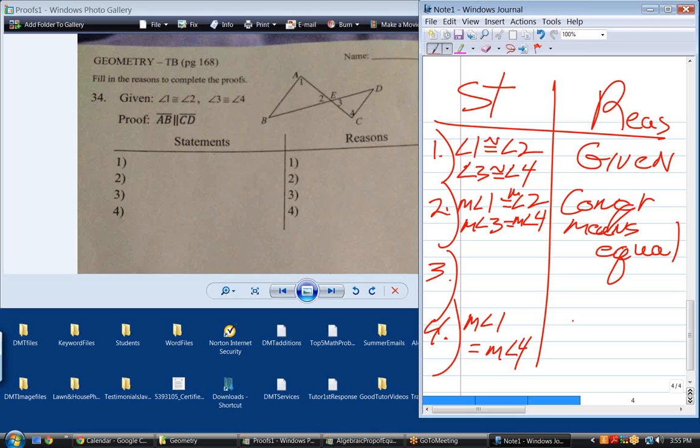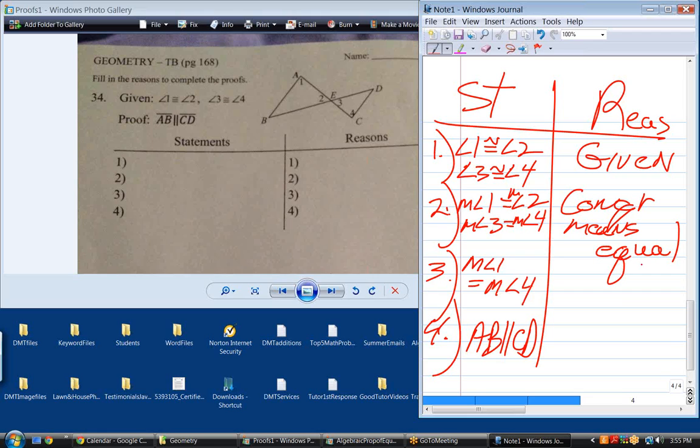That would mean that AB is, excuse me, hold on, I'm a little bit backwards here. The final statement always has to be what you're trying to prove. So this has to be the final statement. And the second to last statement is going to be the measurement of angle 1 equals the measurement of angle 4.